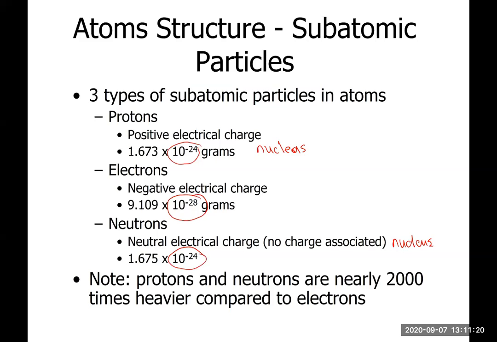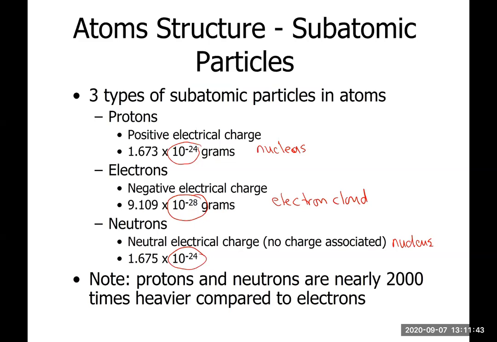So the heavier, or those subatomic particles that have more mass, are contained in the nucleus, while the electrons are contained in what we call the electron cloud. Outside of the nucleus.